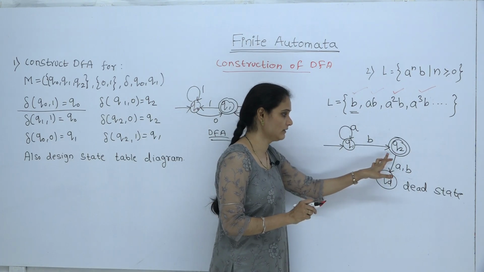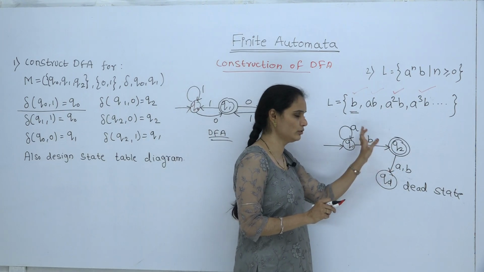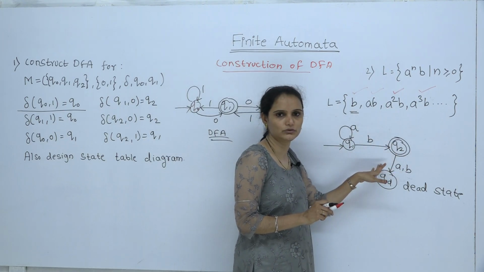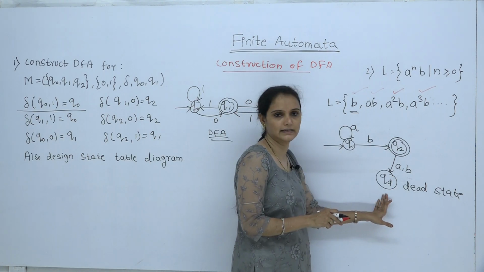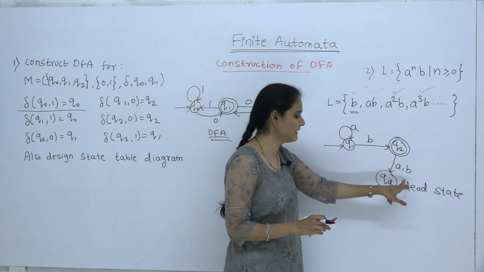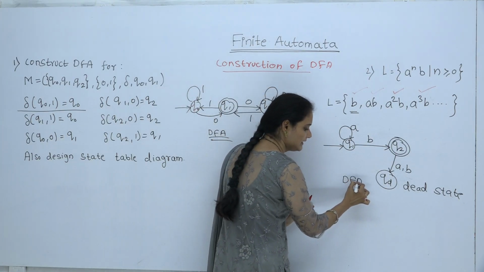Means first check whether from Q2 I can give to Q1, or a loop at Q2. If it is not possible, then only we consider the dead state and give the remaining transitions to the dead state. Now we can say that it is a DFA.